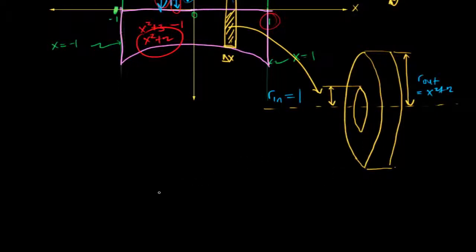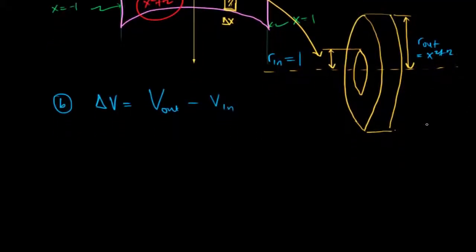So now we are done. I'm going to find the volume of the cylinder, which is part B. The volume of this washer is the volume of the outer cylinder, like we did in the previous question, minus the volume of the inner cylinder. The formula is pi times r squared times delta x, minus pi times r in squared times delta x.